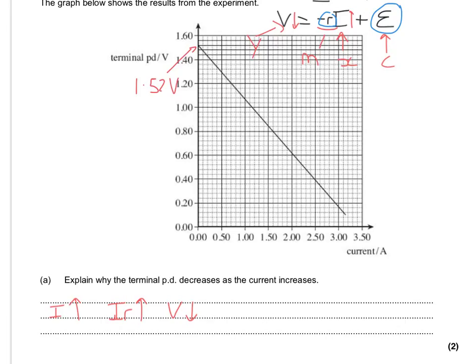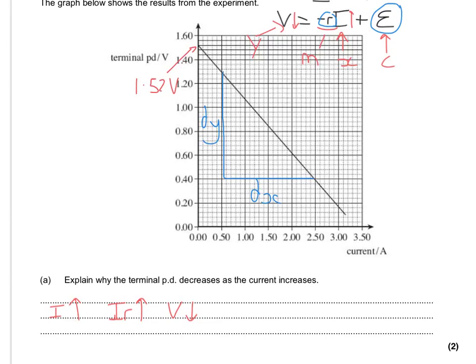In terms of calculating the internal resistance, you need to find the gradient of this graph. So you need to pick a section, hopefully a nice long section. You need to find change in y, and change in x.